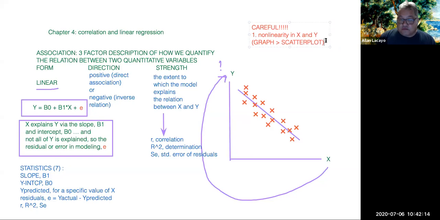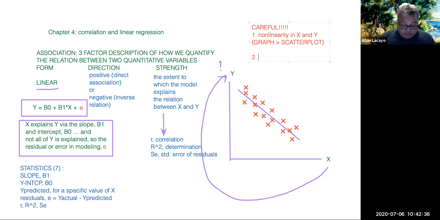The other thing to be careful with is non-quantitative variables, of course. I'm not going to even write that as a possibility of being careful about, because it's clear that chapters 3 and 4 are only about quantitative and not categorical variables.